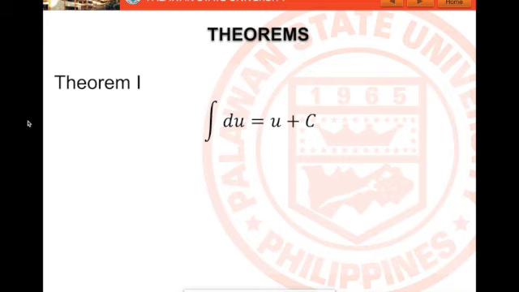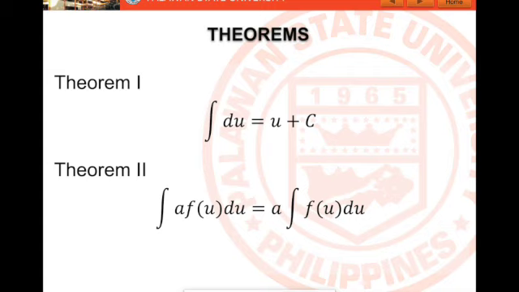And we have theorem 2. We have this equation that the integral of a function u du should be equal to a outside of the integral sign and the function u du. This is where a is a constant. Okay?